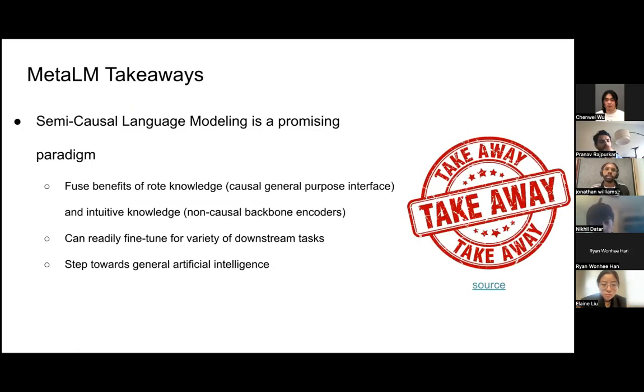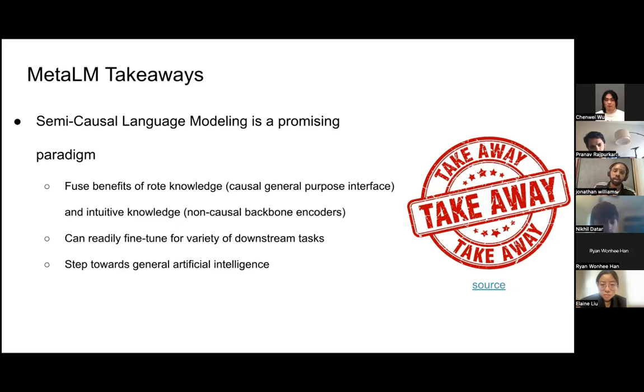So I guess the big takeaway from this paper is that semi-causal language modeling is a very promising paradigm because you're able to have your cake and eat it too, in the sense that you fuse the benefits of rote knowledge, so memorization, which you gain from your general purpose interface, which is memorizing general knowledge about the world around it. And you also gain intuitive knowledge.